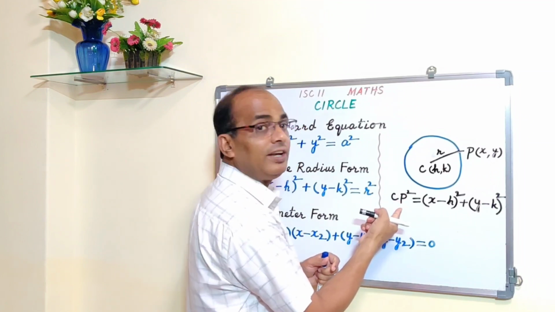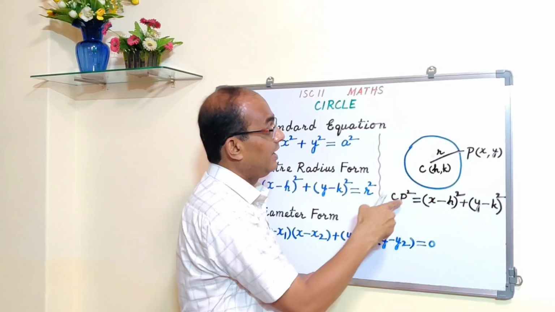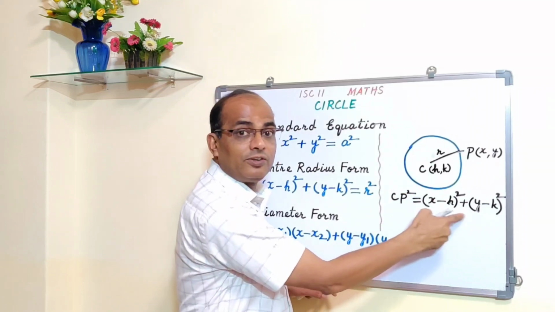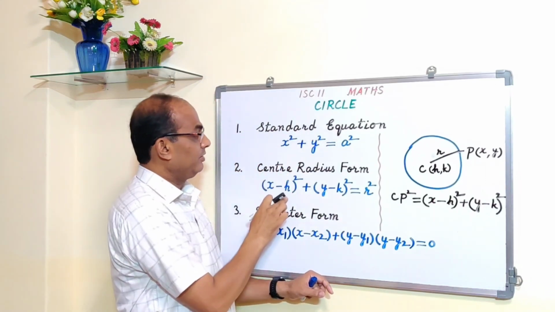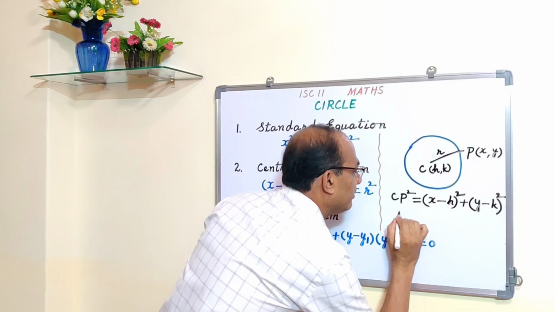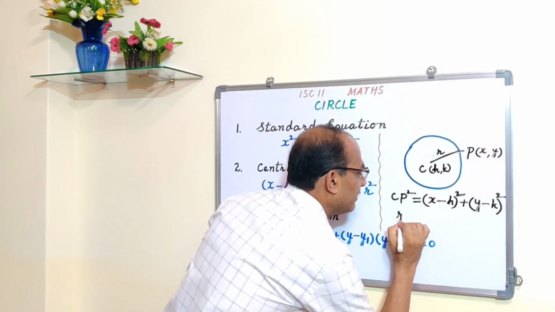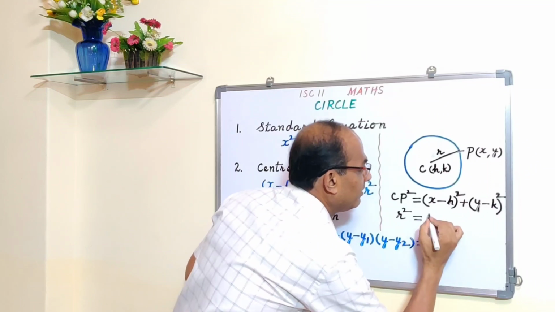And in place of CP, we write R. So R square is equal to x minus h whole square plus y minus k whole square. Now I am writing this side like this: x minus h whole square plus y minus k whole square is equal to R square.